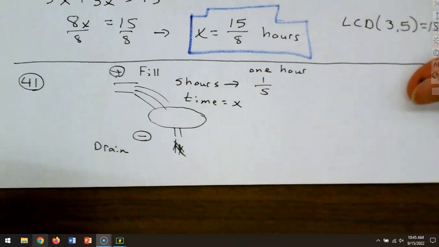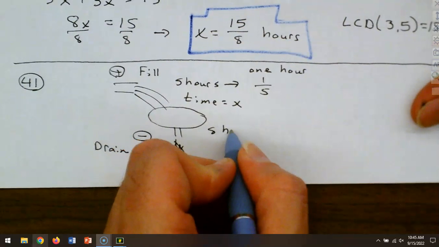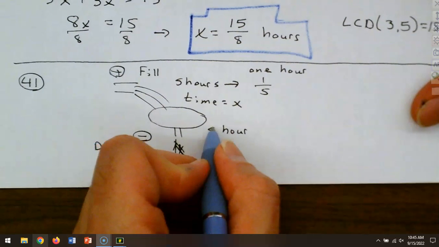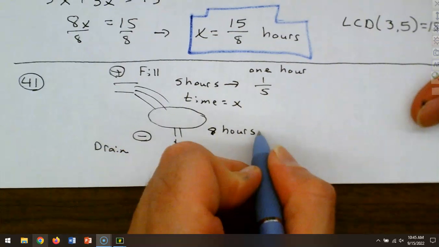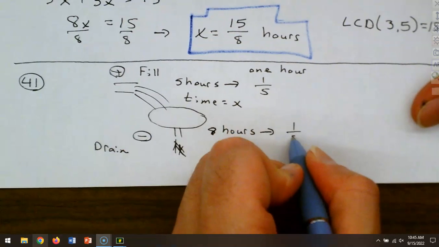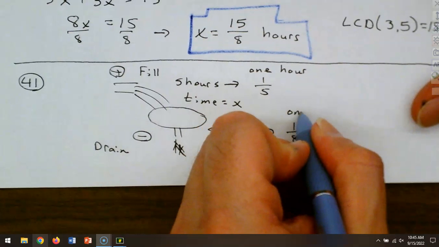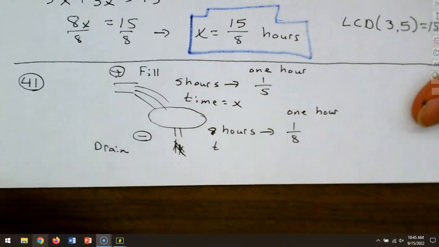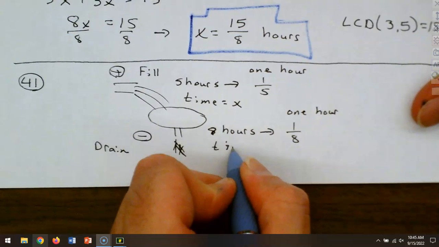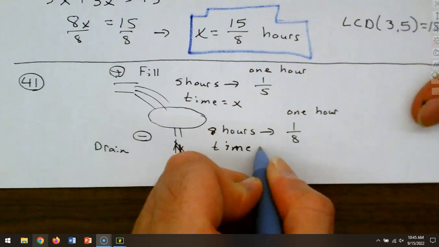Okay, when we drain the pool, it takes 8 hours to drain. And so that means 1/8 is done in 1 hour. Okay, time again is X.